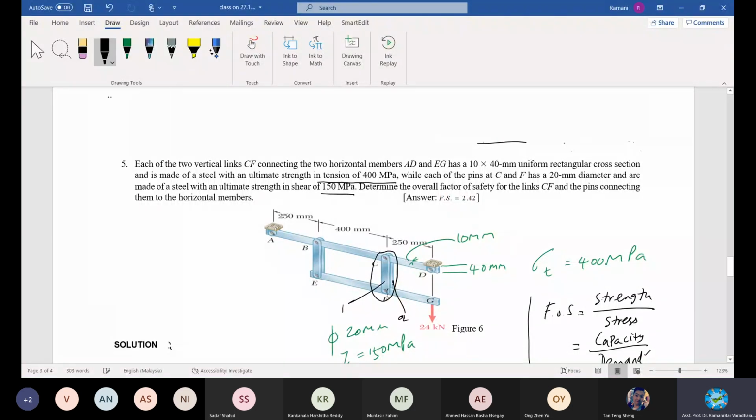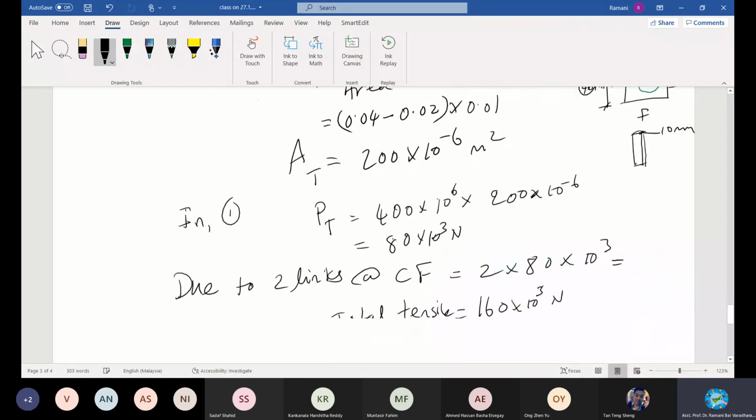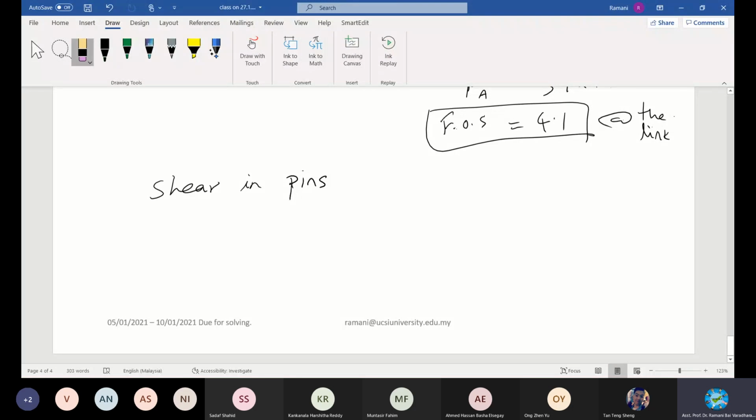Okay, let's find the shear force at the pins. Let's find out the shear force due to the material at the pins. Go by the pin diameter, everything, to find the shear force borne by this pin.